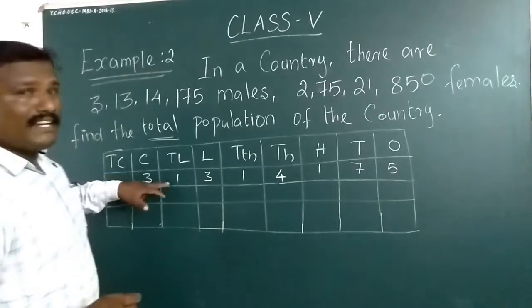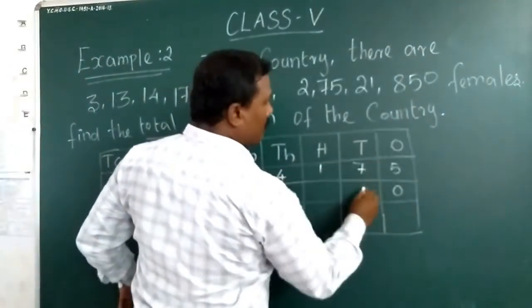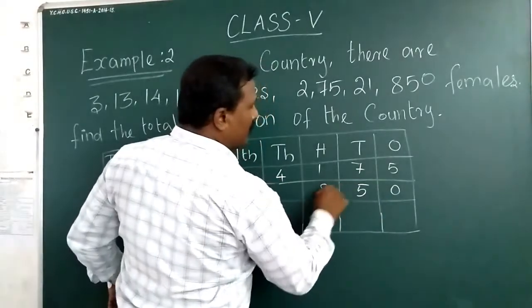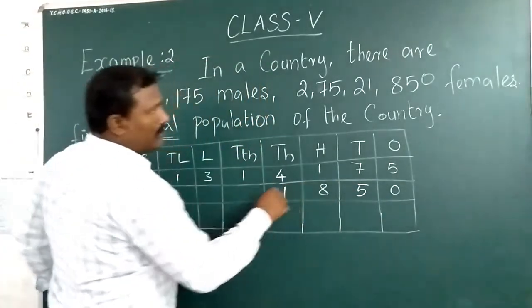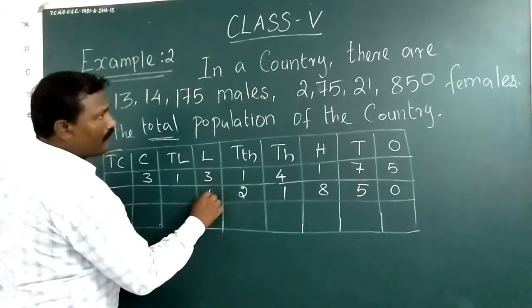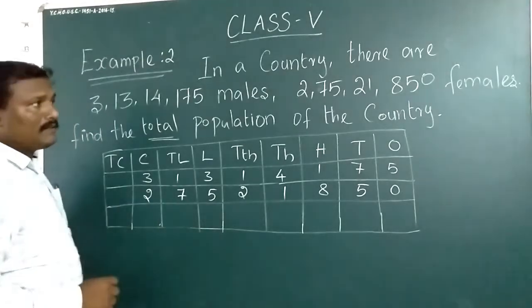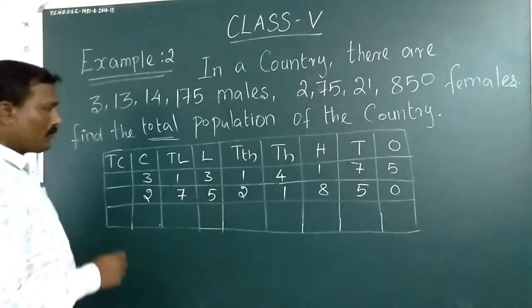That is the first addend. Then the second addend is the female count. We need to find the total population, and since the male and female counts are given, we have to add them.